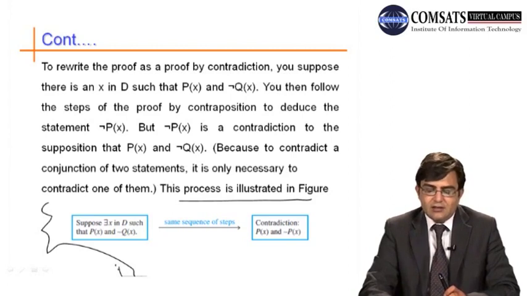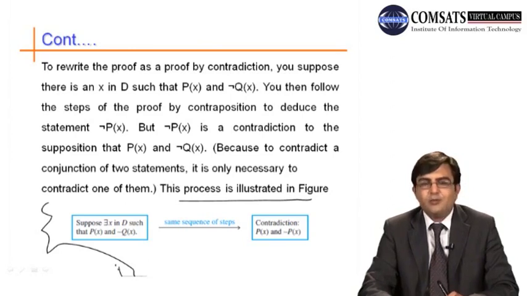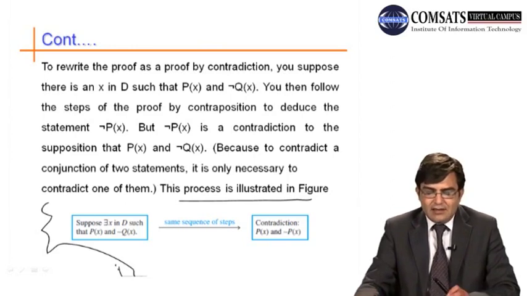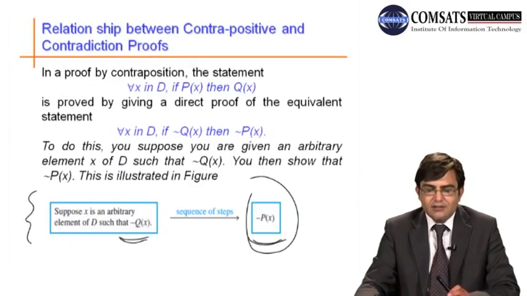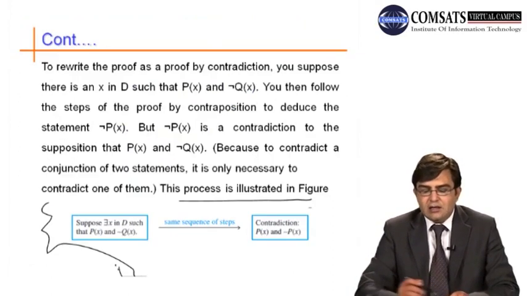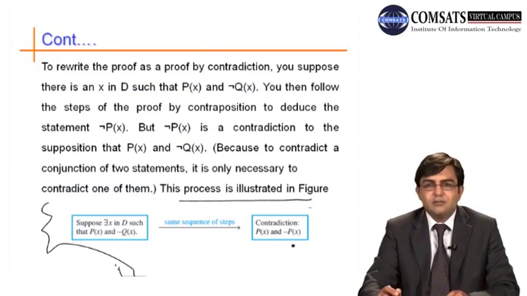In the method of contrapositive we also prove not p of x is true, and in the method of contradiction we also arrive at not p of x is true.